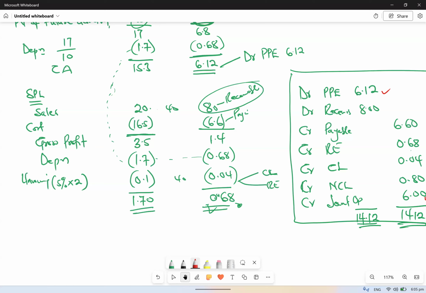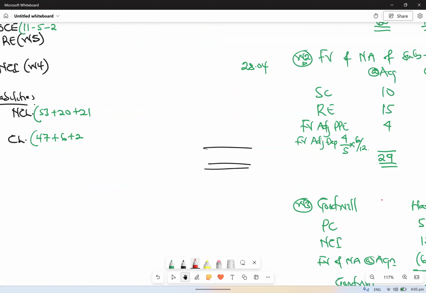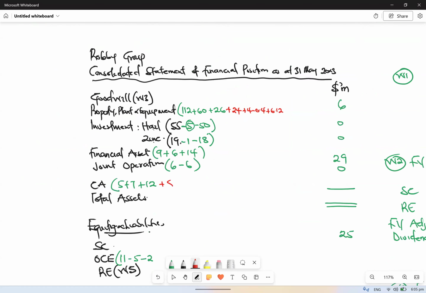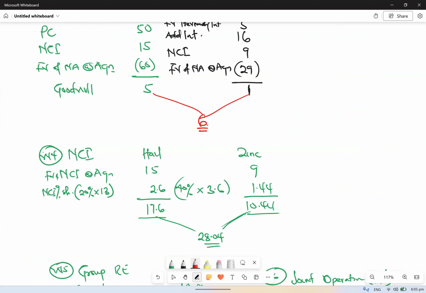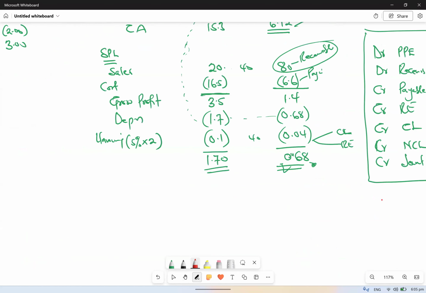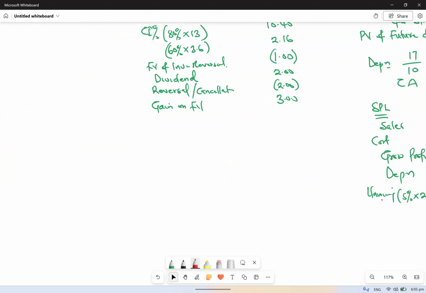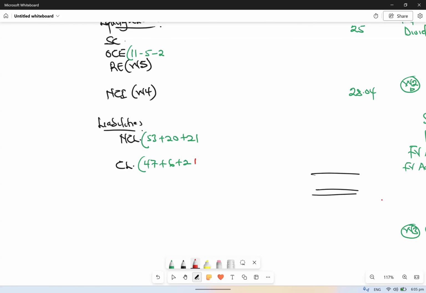Receivables, you add 8. So let's go to our receivables. That is current assets. So current assets, we must add 8. Payables, we were supposed to add 6 point something. So payables, this is done. Payables add 6.6. So payables, current liability, 6.6.